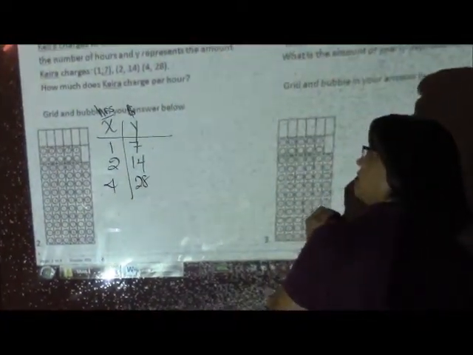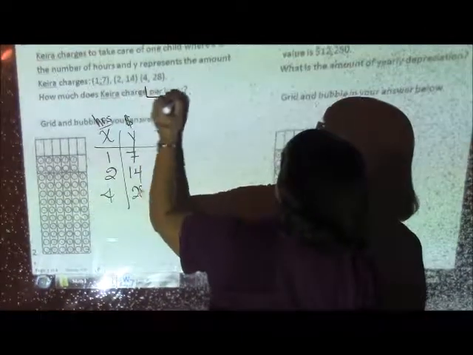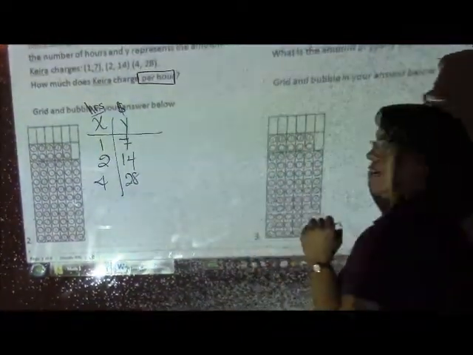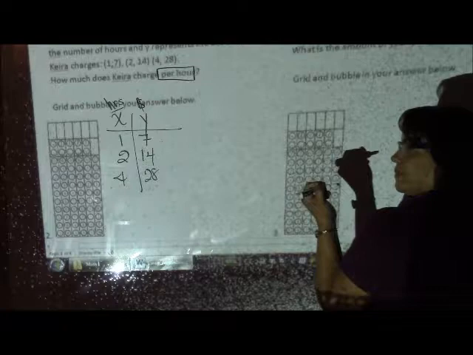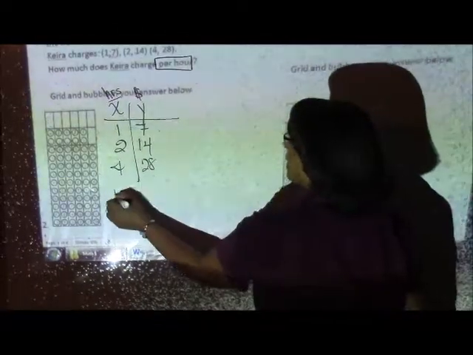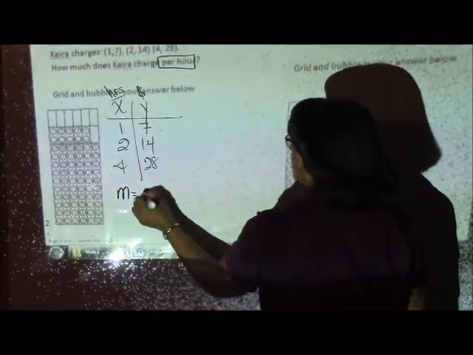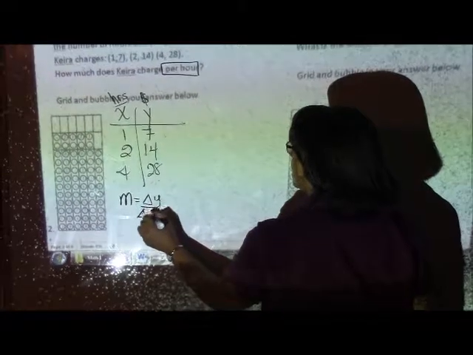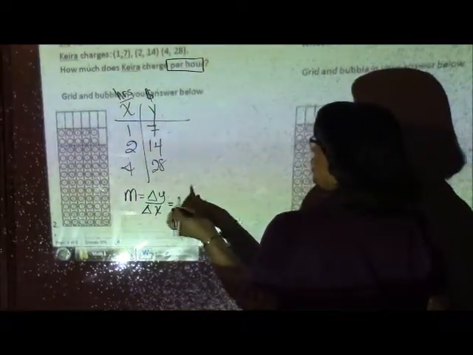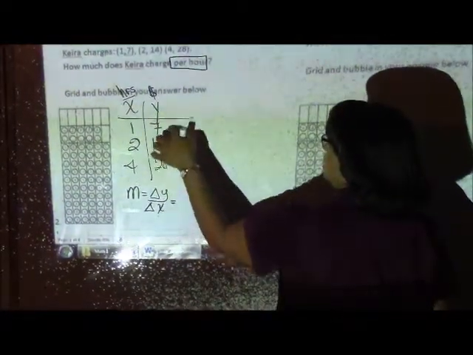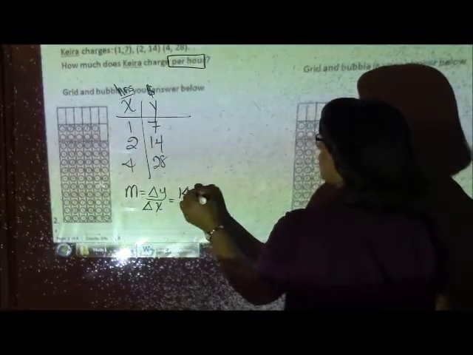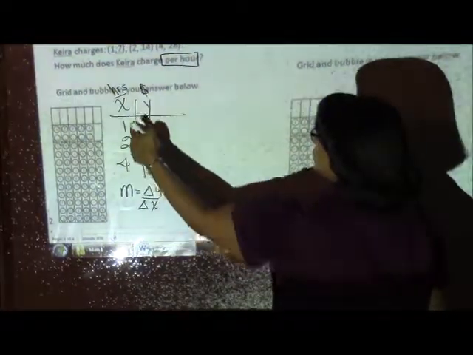So how much does Kiara charge per hour? That tells us a rate of change, tells us what we're looking for. Right, we're looking for slope. So slope is the change in your y over change in x, which is, we can choose any two ordered pairs, 14 minus 7, change in y, over 2 minus 1.